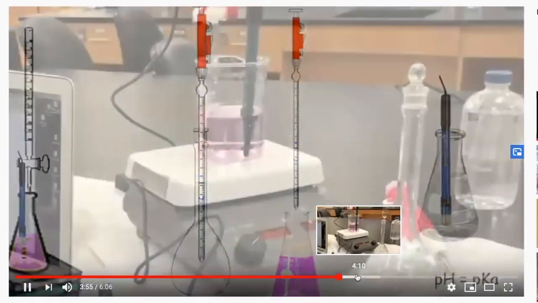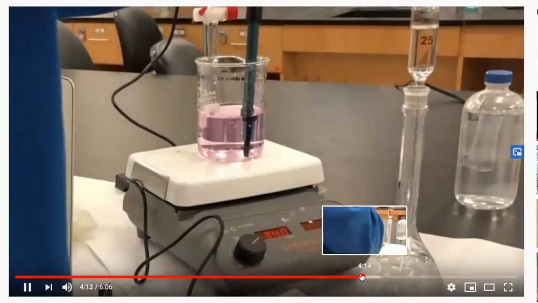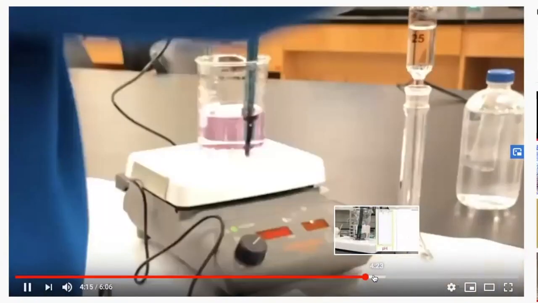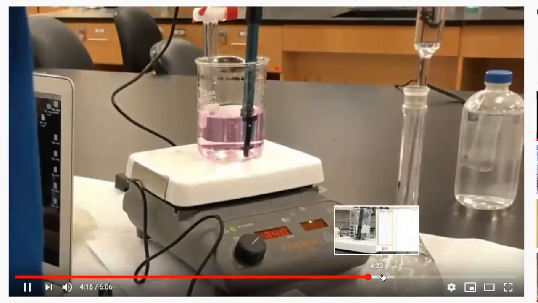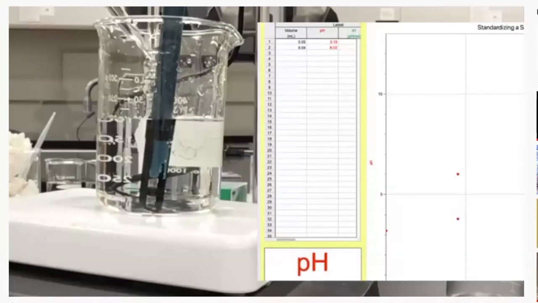And this is it right here. What you'll see is I draw 25 mls from my stock solution and then add it into my beaker. See how it turns clear? Because now we are not at the neutral point, we are back at halfway.